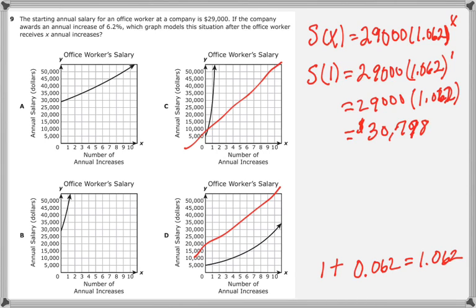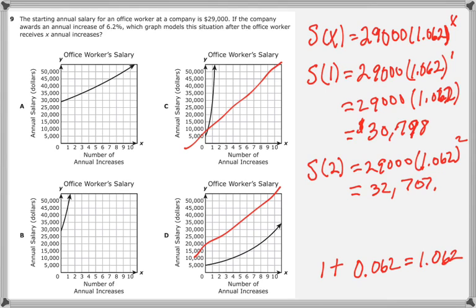We take our function and evaluate it at 2, and we have 29,000 times 1.062 to the 2nd power, or 1.062 squared. Let's evaluate that using the calculator, and we find that our new salary is going to be $32,798.70.